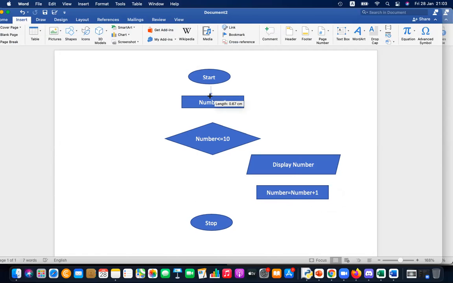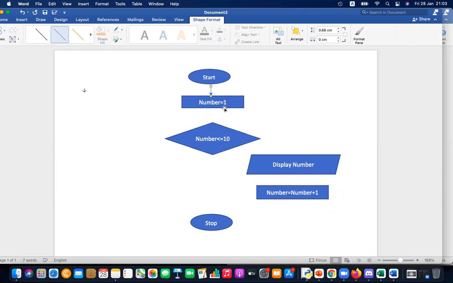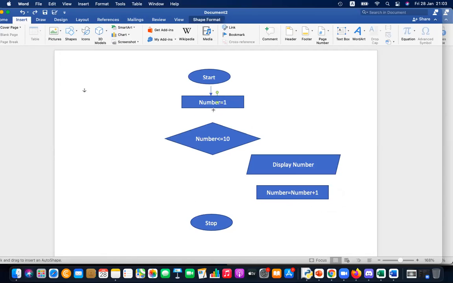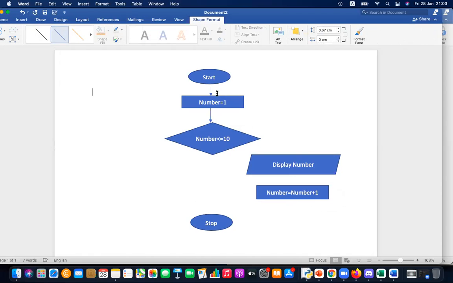From the start to number equal 1, you have to move, and from there to the condition you can directly move. The condition can be checked immediately.